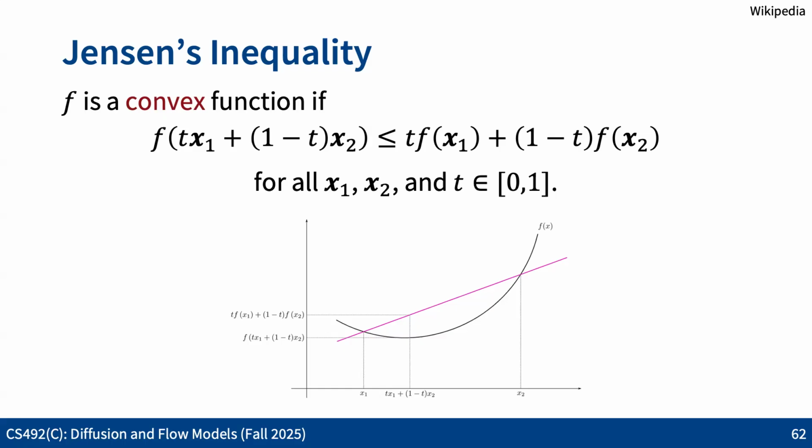For any arbitrary two points, if we draw the straight line, and for all the intermediate points the function value is the same or smaller than the function value on this straight line, then we have a convex function. Right? Then what would be the concave function?